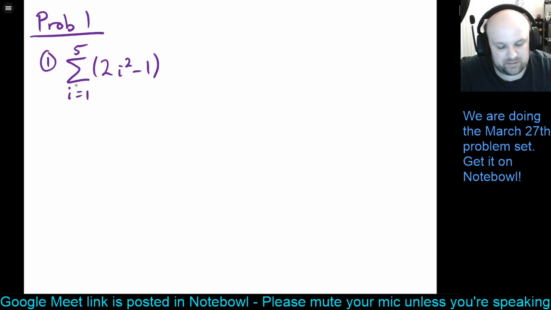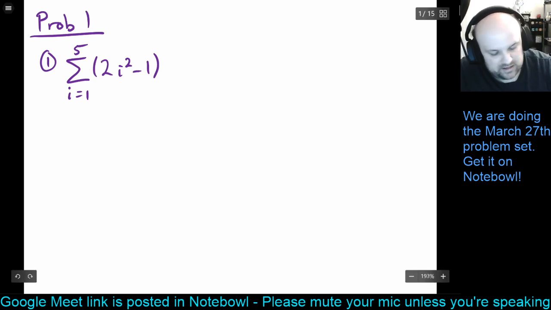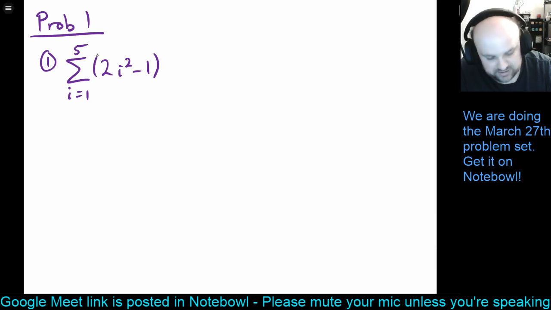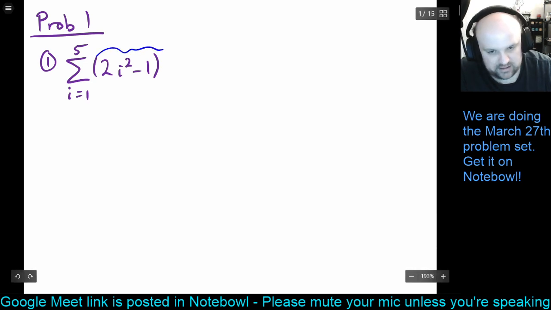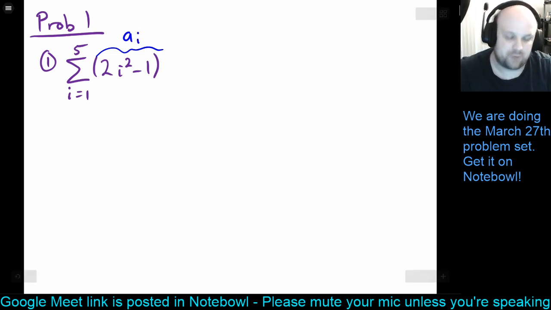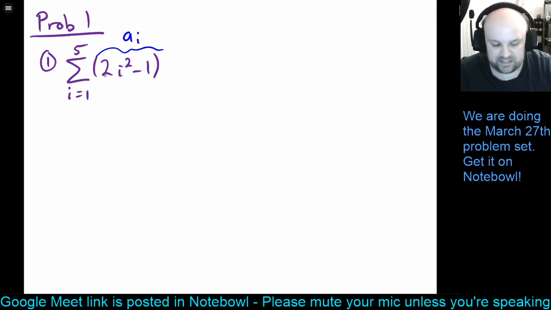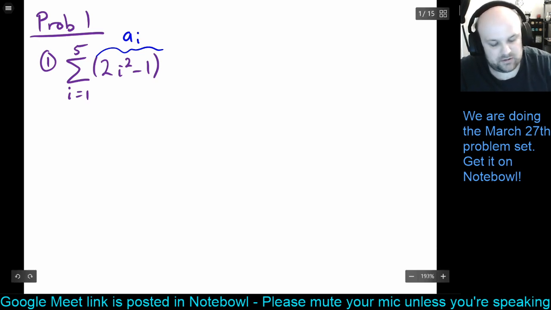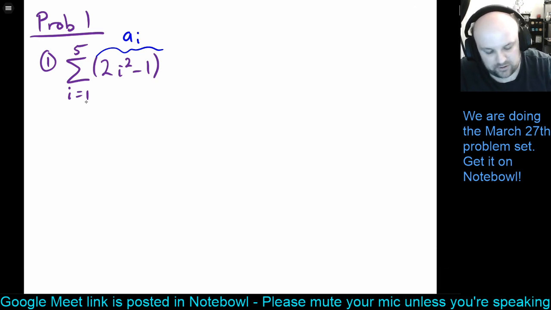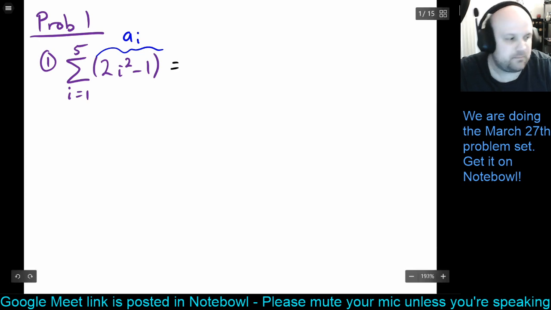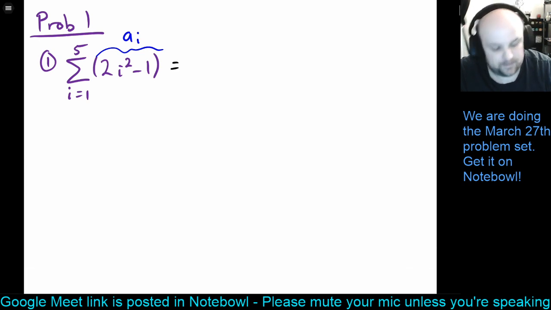So again, what we're doing with these sums is we have some expression in here, and related to that general stuff we were talking about in the lecture videos, this would be the a_i for this problem. a_i would be 2i squared minus 1. So a_i is just some function of i, basically. We're going to plug in, starting at i equals 1, and keep plugging in numbers for i.